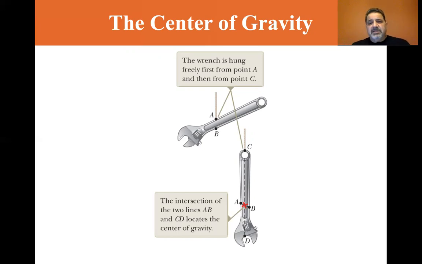Let's read the boxes. The wrench is hung freely first from point A and then from point C, being on the end. You can see there at the lower picture. The intersection of the two lines AB and CD locates the center of gravity.